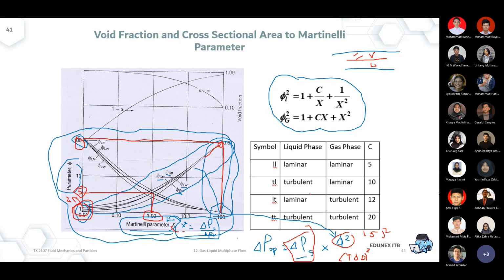Or if you don't want to use the chart, the option is to use the empirical equation shown in this part. That's phi squared as a gas. That's your correlation, your x squared, that's your Cx. And C will depend on the regimes of the liquid and the gas.